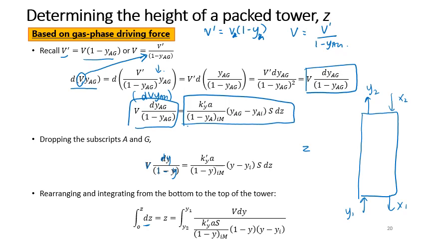So in this case, if you integrate from y2 to y1, then your 0 is here and your z is here. So integrate from 0 to z equals z. Then if you rearrange, you will end up with this expression. Then you should know what y1 and y2 are, and if you know y1, y2 and V, then you get z. Because your goal here is to use the mass transfer equation to get the height of the packed tower.